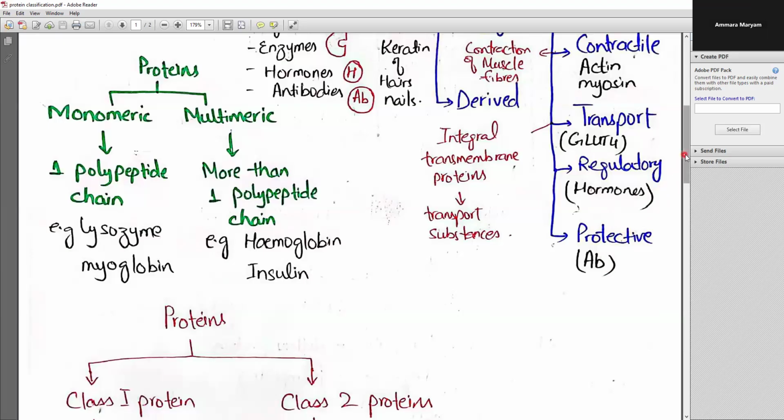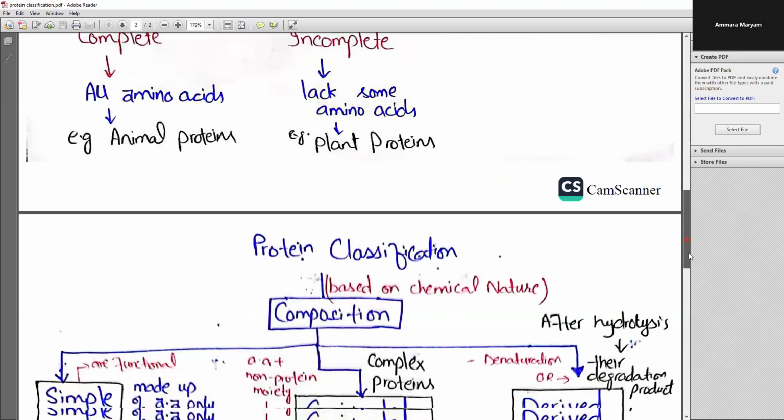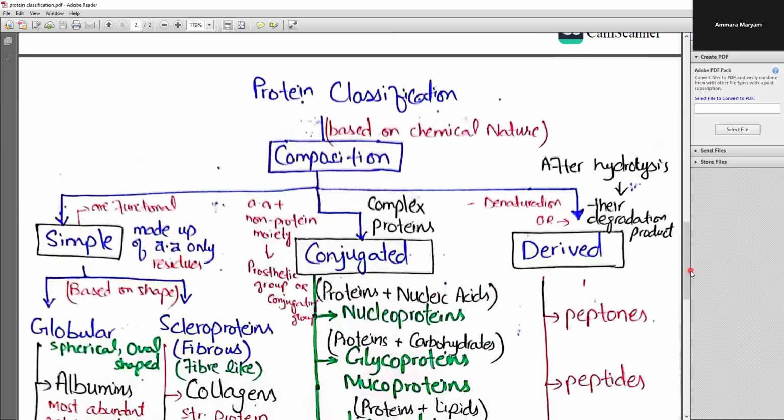Now let's discuss the classification of proteins based on their composition. On the basis of their composition, or their chemical nature, the proteins can be categorized into three categories.